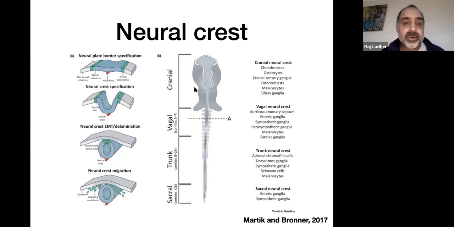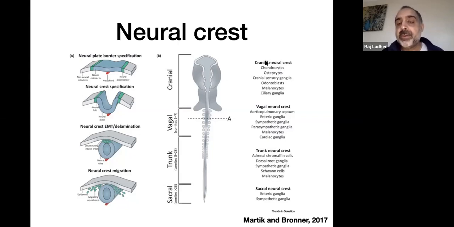Now, what neural crest is able to give rise to depends very much on the position from where it's come from. So neural crest that's in the trunk, for example, can give rise to dorsal root ganglia, and cranial neural crest can give rise to chondrocytes and osteocytes.